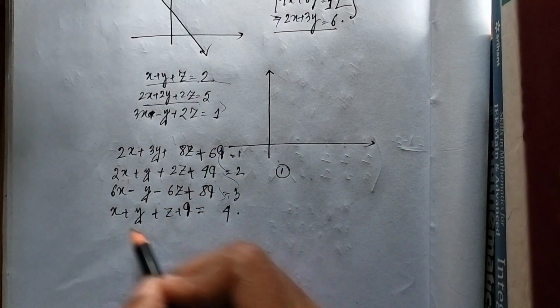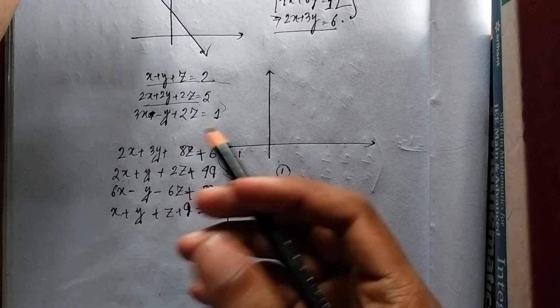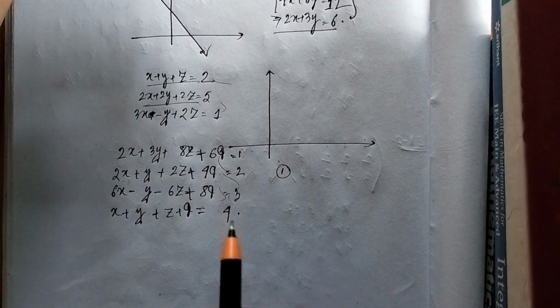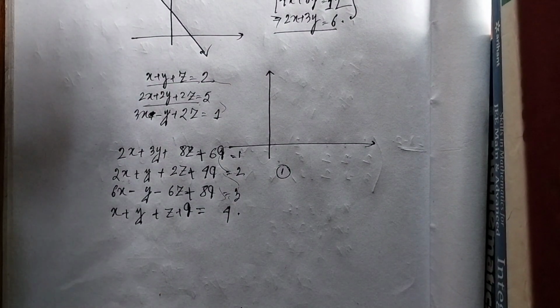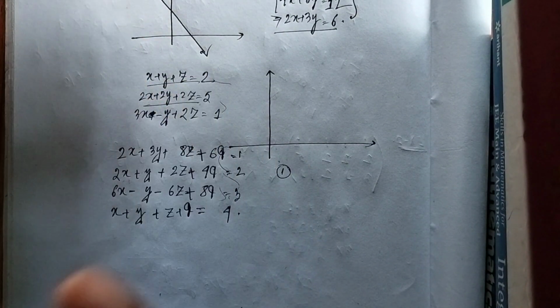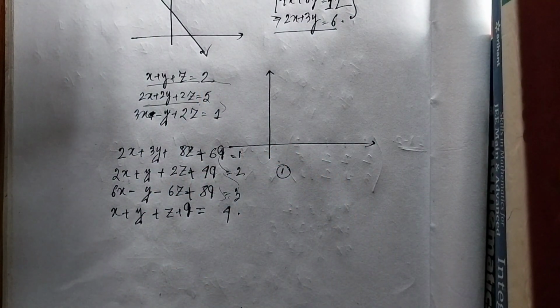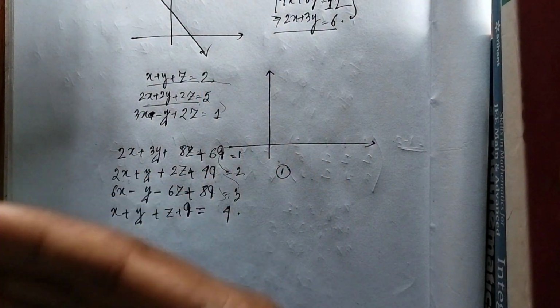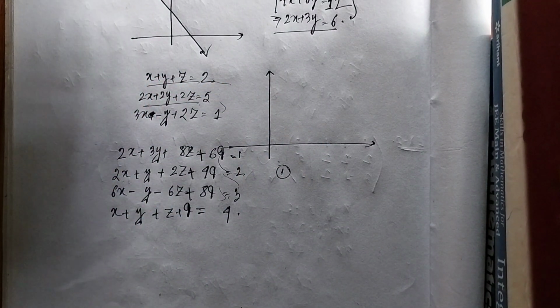We cannot draw the system, we cannot visualize it. So the question that comes to our mind here is that we need to do the whole thing algebraically also. We need to explain why the system has a unique solution, why it has infinitely many solutions, and why it doesn't have even a solution. So we need to explain it algebraically.